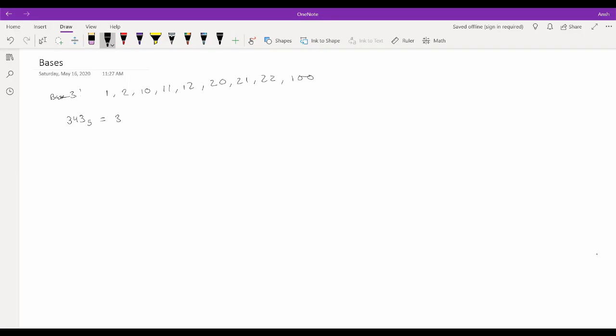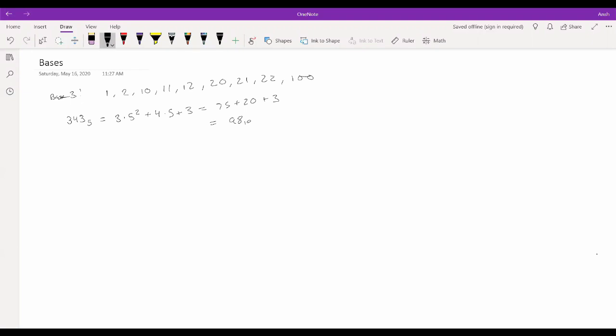So this is equal to 3 times 5 squared, and what used to be the tens place is now the 5's place, plus 4 times 5, and then finally the ones place is still the ones place, plus 3. So this number in base 10 would just be 75 plus 20 plus 3 equals 98 base 10.